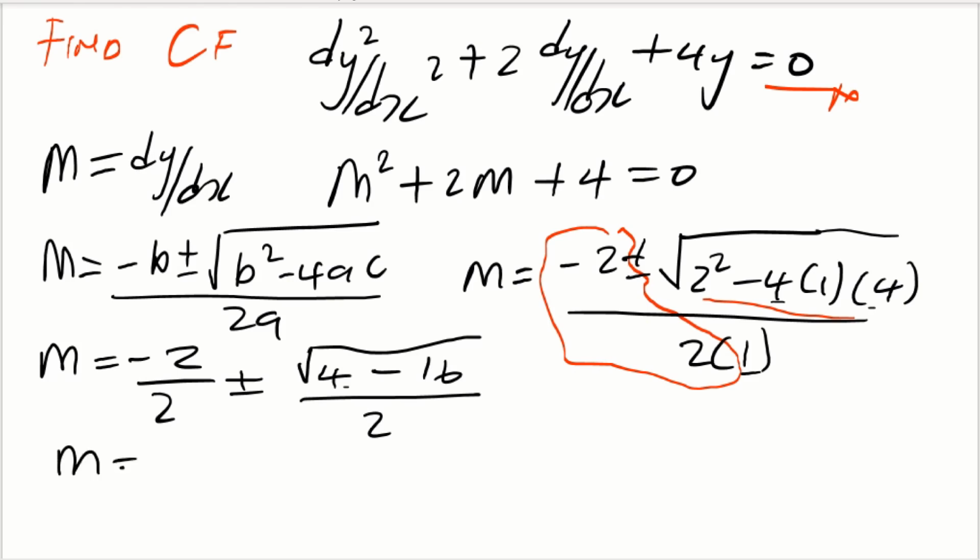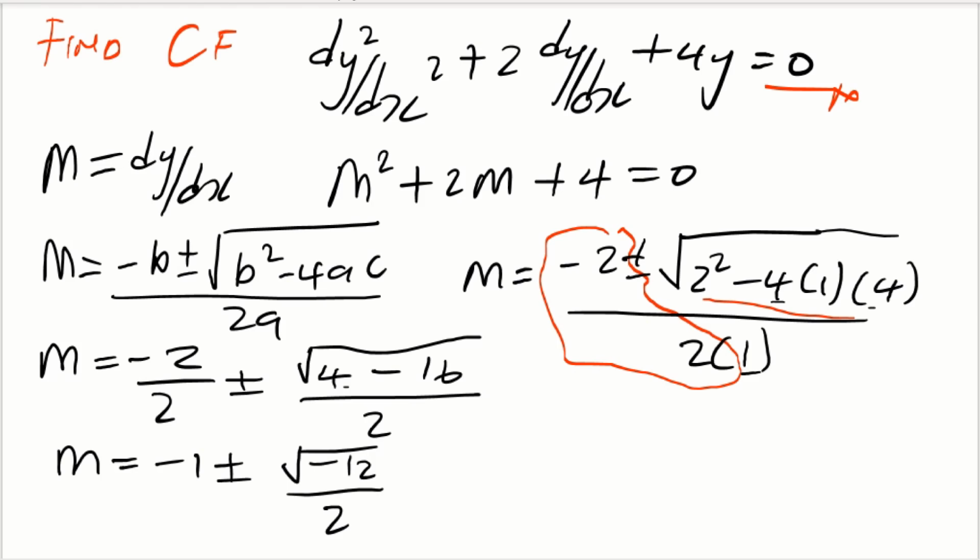And then your m will be minus 1 plus or minus root of 4 minus 16. When you subtract those two, you're going to get a negative 12, all divided by 2.